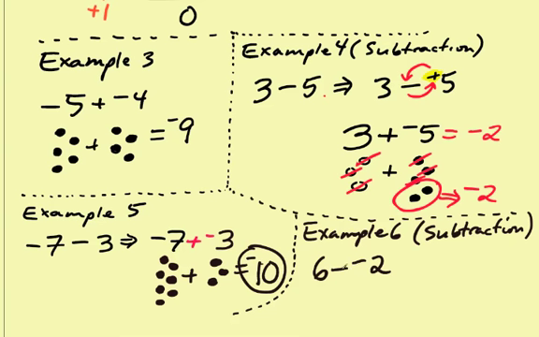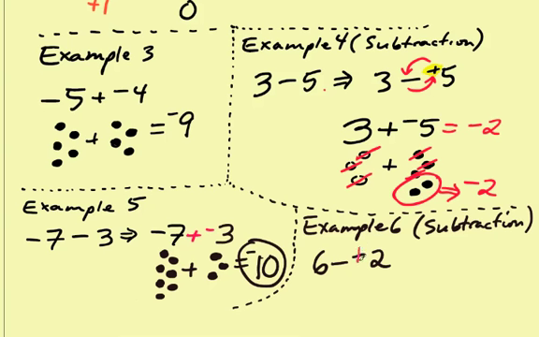Okay. With these two negative signs, when you subtract a negative, those two negatives turn into two positives. This negative turns into a positive, and this negative turns into a positive. So anytime you see two negatives, you can automatically switch them to two positives.